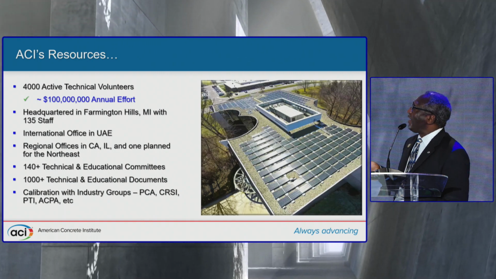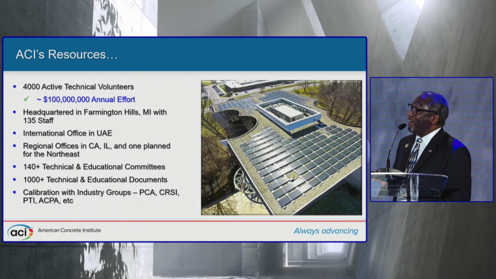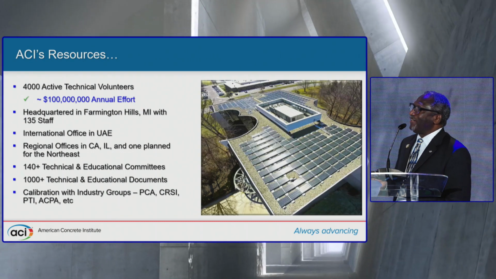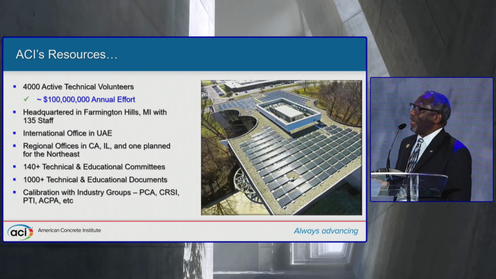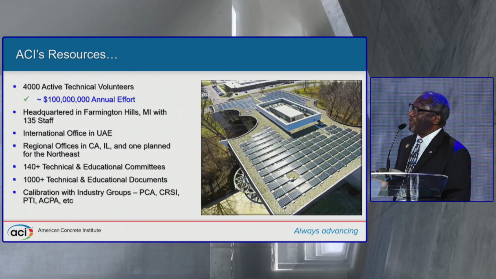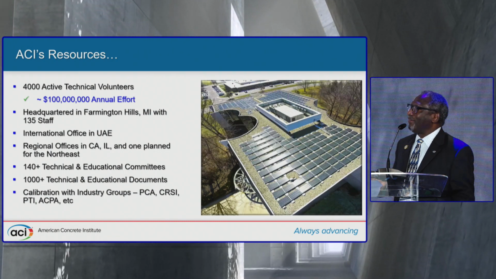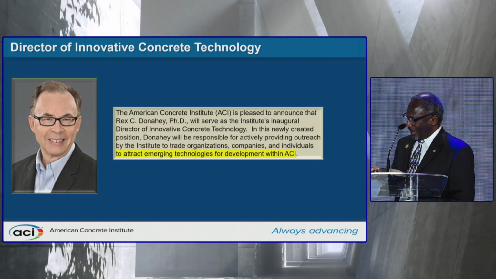This is a roof of our headquarters building, and I'll talk about it a little bit. We have about 135 staff members, and we also have an international office in Dubai in the UAE, and we have regional offices in California, Illinois, and we're going to open a third one in the Baltimore, Washington area. But this is just a little bit about ACI.